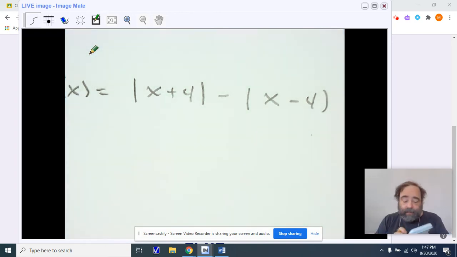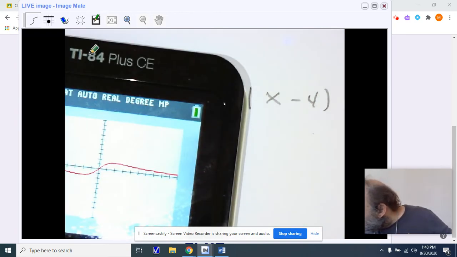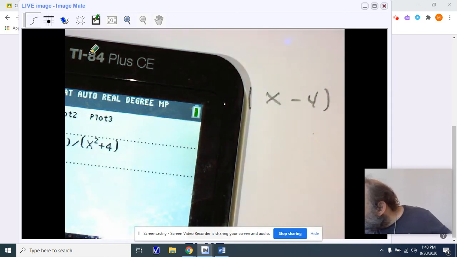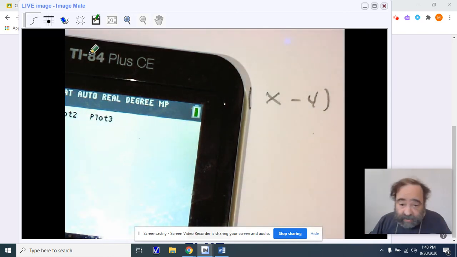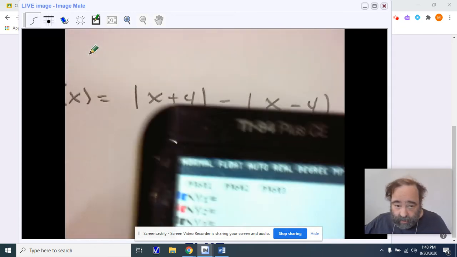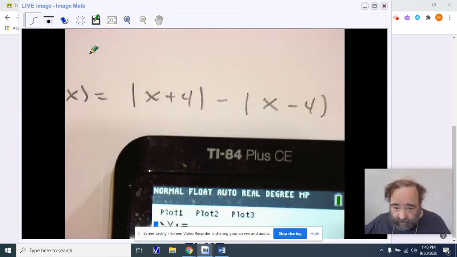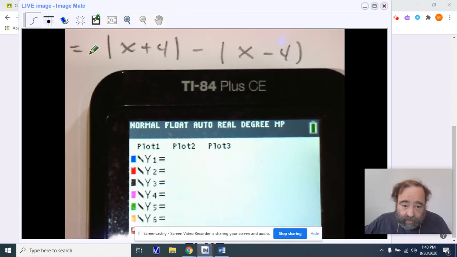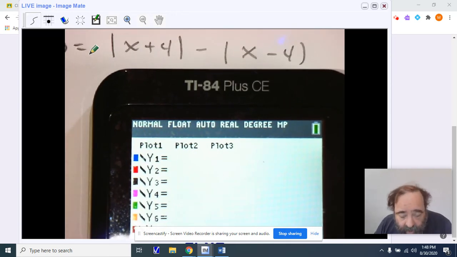Same thing, we go to y equals. I'm going to go ahead and clear this out. And be aware, we do have to have only one specific place. We're going to put this into our graphing calculators.